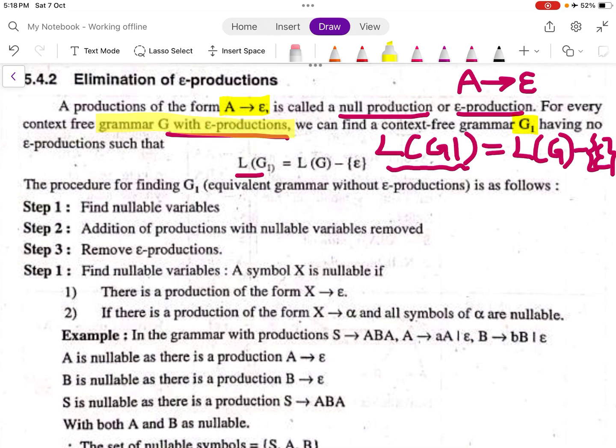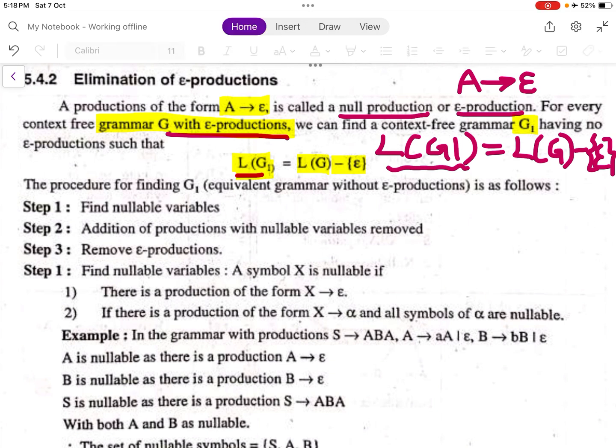So G was the grammar with epsilon productions. You subtract the epsilon productions, you get a new context-free grammar G1 having no epsilon productions.